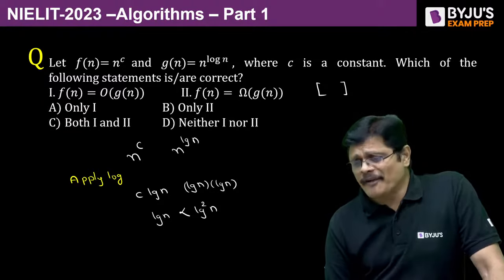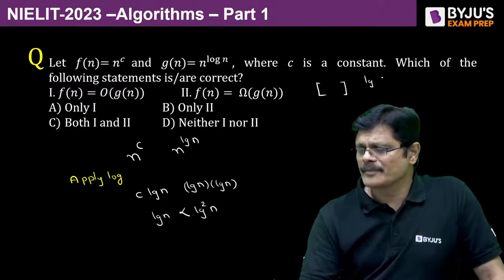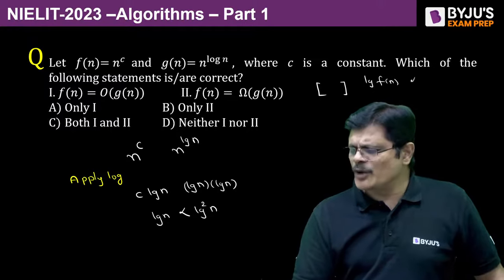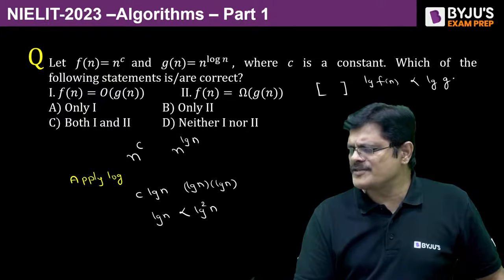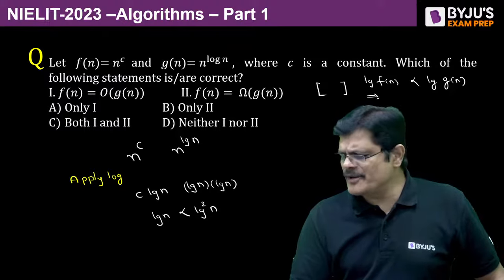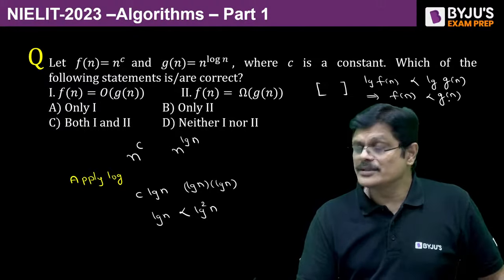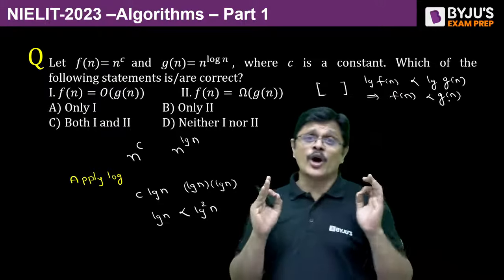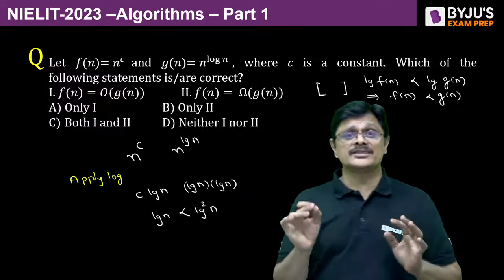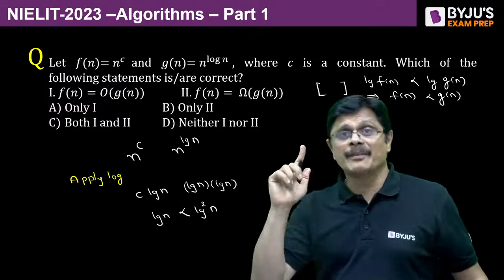If log of f(n) is asymptotically smaller than log of g(n), then obviously f(n) also will be asymptotically smaller than g(n). Only when log f(n) is smaller than log g(n) does this happen. Remember.